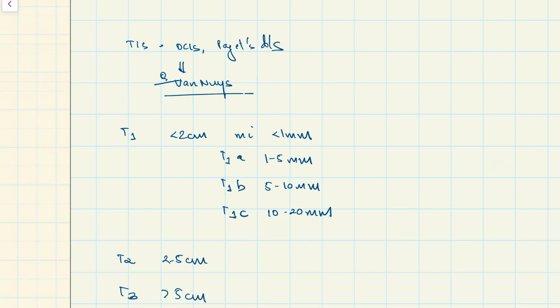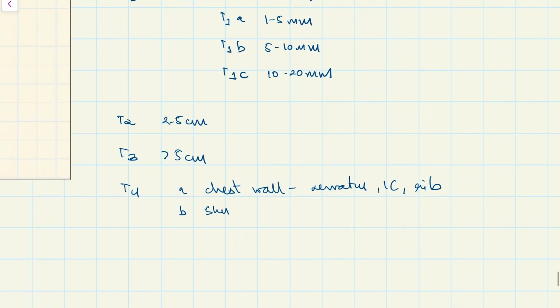Stage 4a is the involvement of chest wall, that includes the serratus muscle, intercostal muscles and the ribs, while a very important point is that pectoralis muscle is not considered as involvement of chest wall. b is involvement of skin, that is the peau d'orange appearance, including ulcers and satellite lesions. c is involvement of skin with chest wall, and d is inflammatory breast cancer.